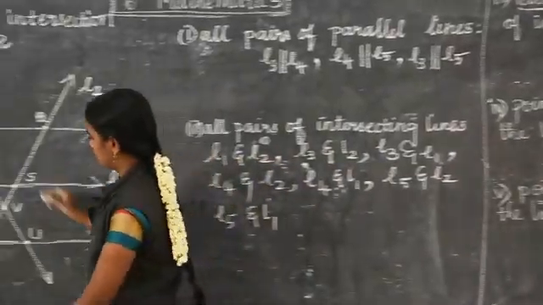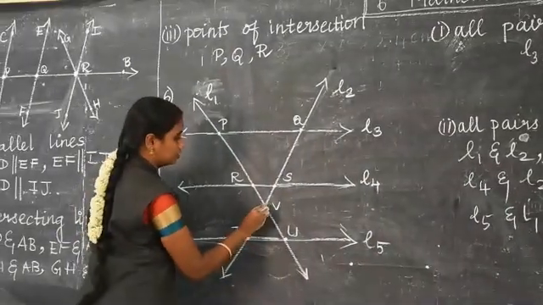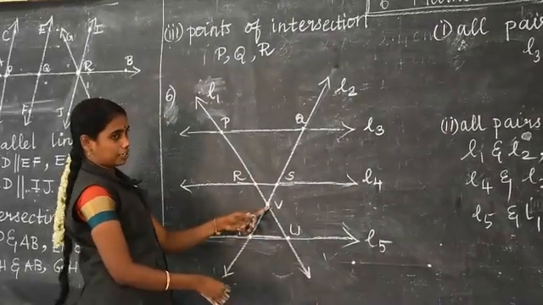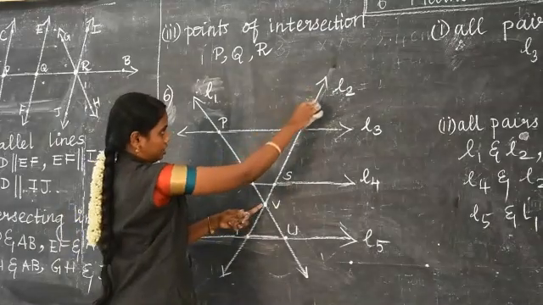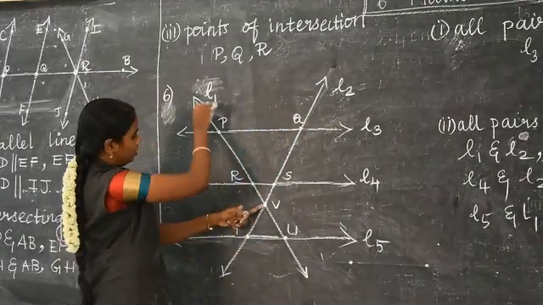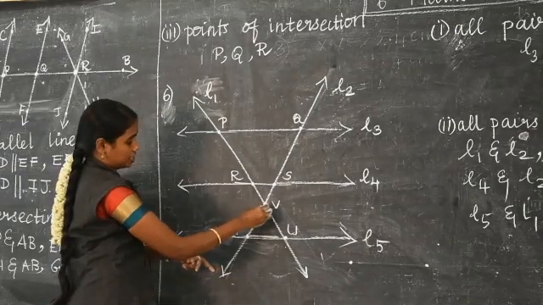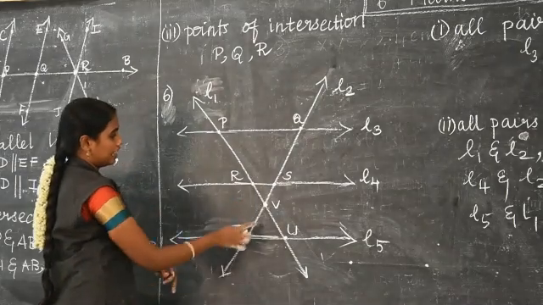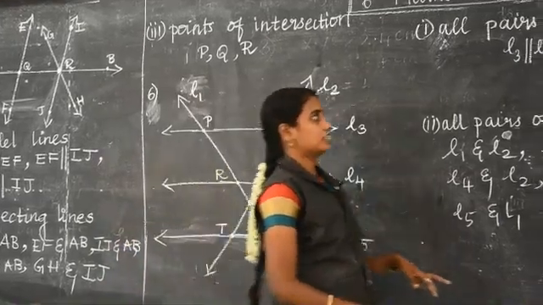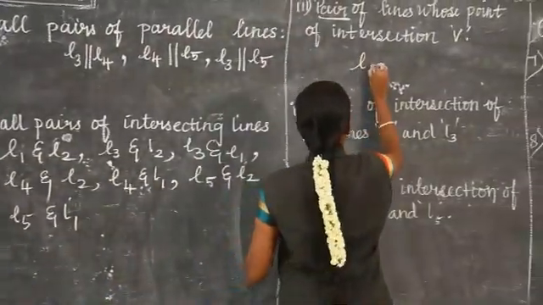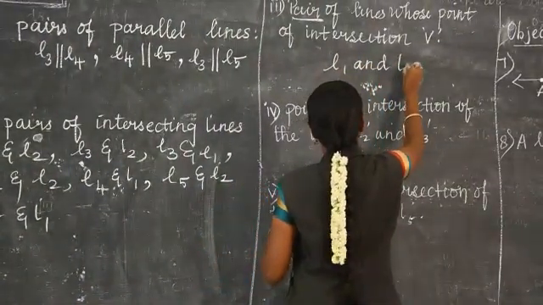Here we have the V. The V is cut by two lines. Which lines? Here L2 and L1. So the answer is L1 and L2.